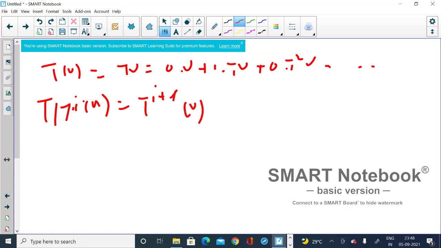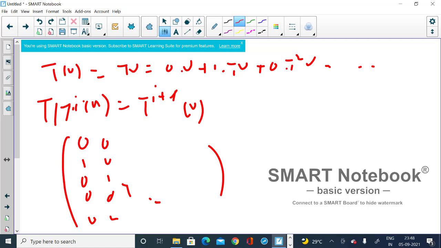So what will be the matrix then? The matrix will be of the form 0 and then 1 and 0 0 0, similarly 0 0 1 and 0 0 0. Kind of sub-diagonal is all 1. Sub-diagonal means exactly one below the diagonal. Super-diagonal means one above the diagonal. Except the last column. Last column, what happened?